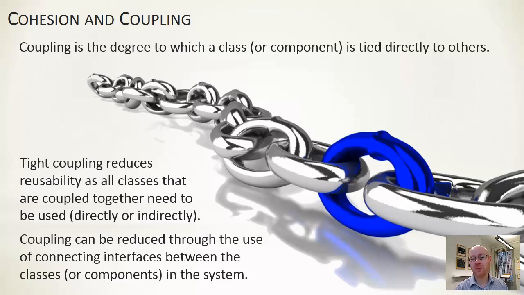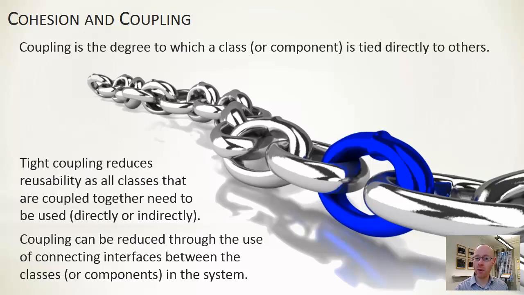So if we say something is tightly coupled, what we mean by that is that if I wanted to lift out, for example, your class and to use it in my own program, if it's tightly coupled with other classes, then I also have to bring them with me as well. I can't simply pick out your class and use that. Your class won't work without the other classes.